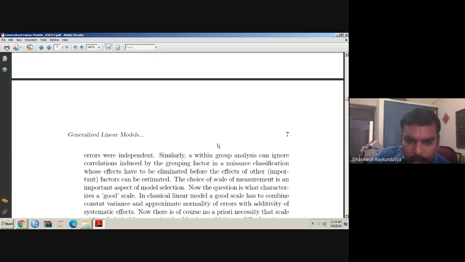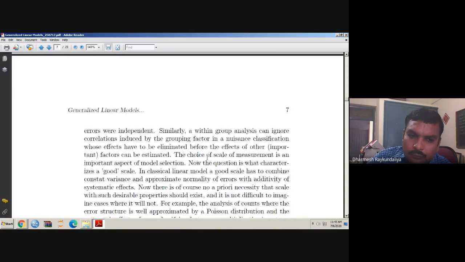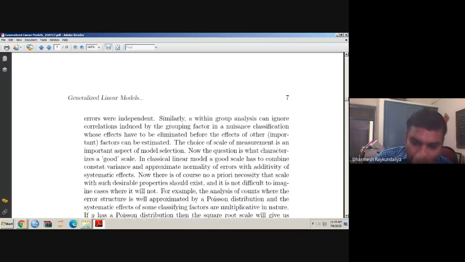The choice of scale of measurement is an important aspect of model selection. Now the question is, what do you mean by a good scale? In the classical linear model, a good scale has to combine constant variance and approximate normality of errors with additive systematic effects.